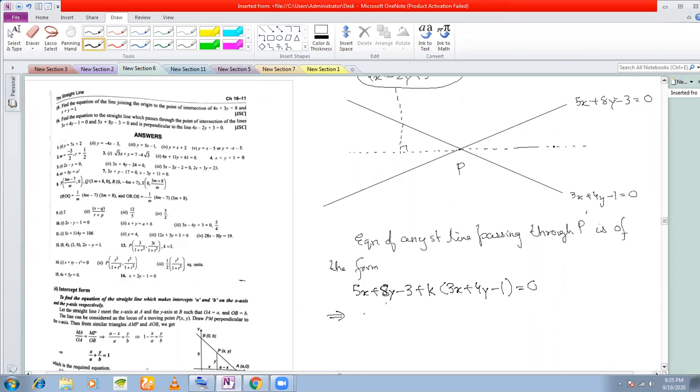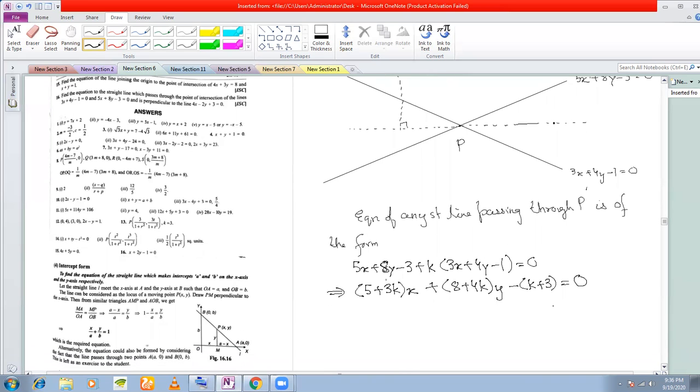That is actually called the general form of the straight line. So you can write this as 5 plus 3k into x, plus 8 plus 4k into y, plus minus k minus 3 equal to 0, right?